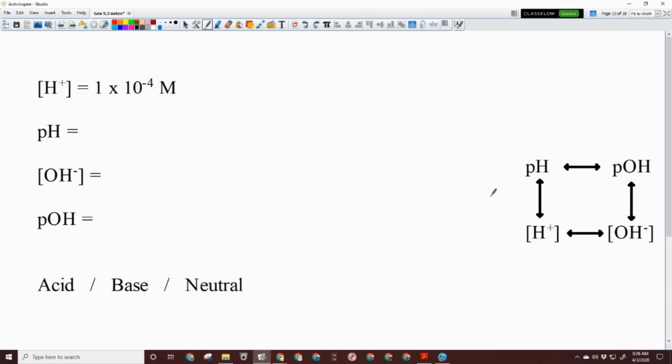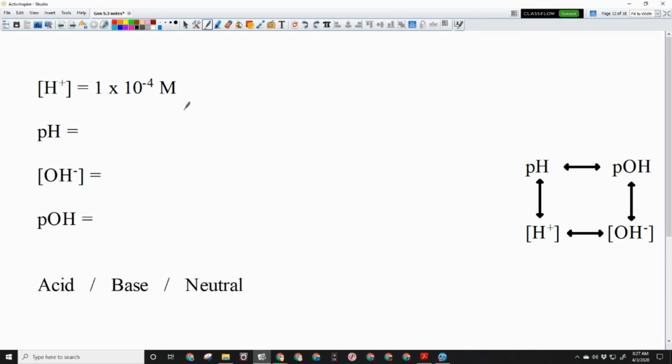All right. So just to show you how you use all these in a calculation, here we're given the hydrogen ion concentration as 1 times 10 to the negative 4th. And I'm going to show you how you can calculate all these others and to tell if this is an acid, a base, or if it's neutral, because these are the calculations that we're going to be doing. All right.